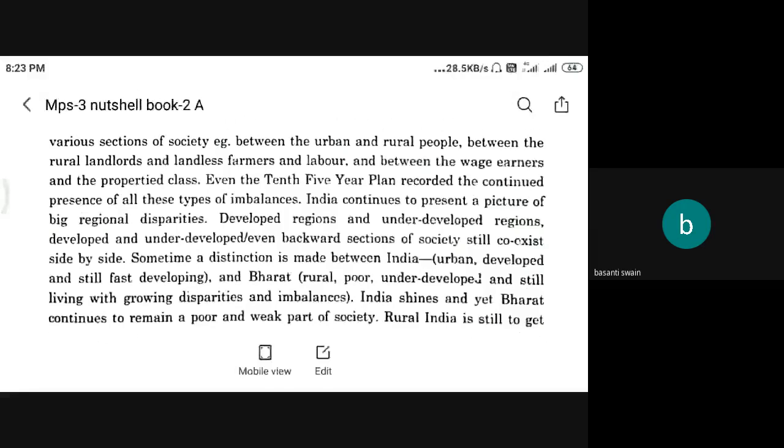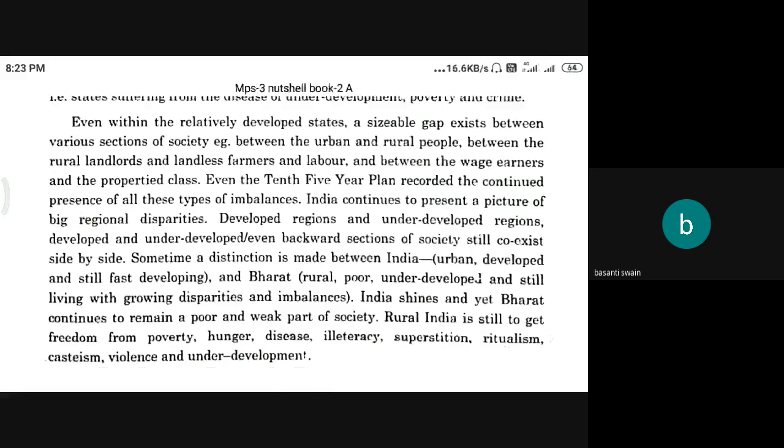India continues to present a picture of big regional disparities: uneven distribution, developed regions and underdeveloped regions, and backward sections of society still coexist side by side.